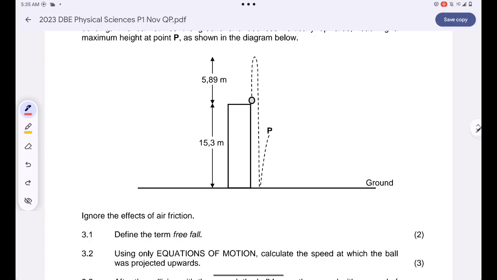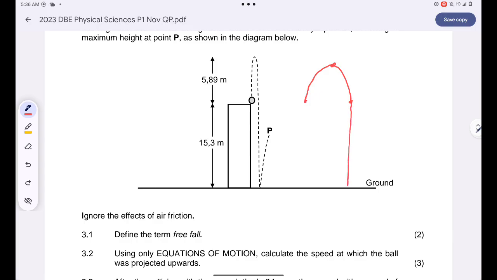Whenever you illustrate this graphically, it will be like this. You will have your starting point there, and then your ball will reach maximum height, and then when it comes here, that's where the ball passes the same point of projection.